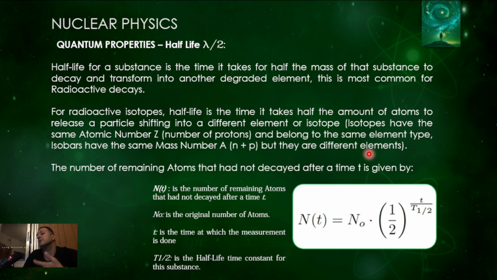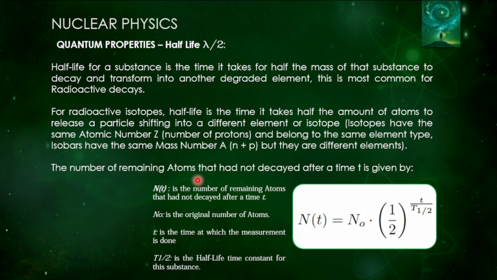Why? Because they have a different atomic number. So again, isotopes have the same atomic number Z, the number of protons. Meanwhile, isobars have the same mass number A, neutrons plus protons, and they are different elements.